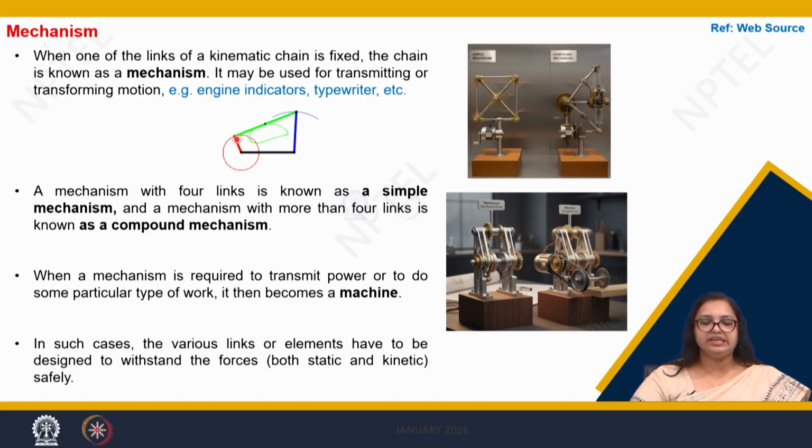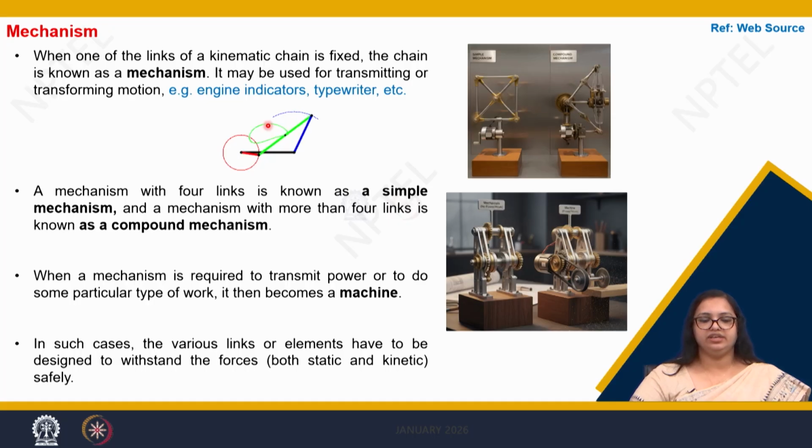The red link is rotating, the green link is transmitting, and the blue link is following, which we call a follower. We can see here a rotary motion is very well converted into a reciprocating motion when one link is fixed and one link acts as a connecting link.